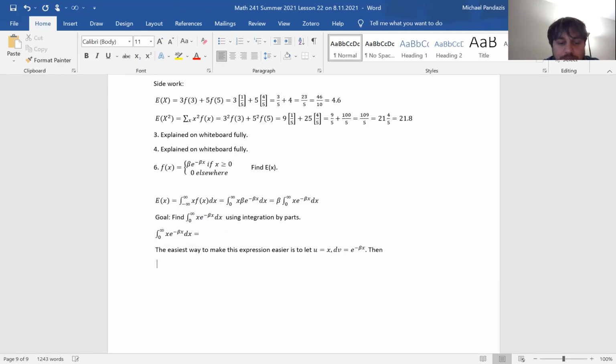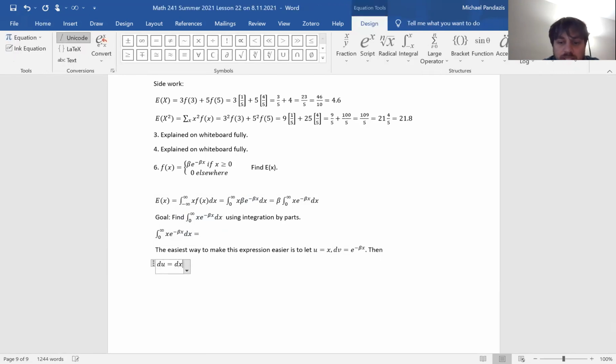Then du is equal to dx, and then v is equal to the antiderivative of e to the negative beta x. That's negative 1 over beta e to the negative beta x.